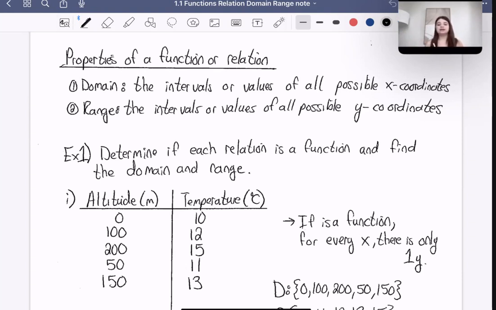So, for example, let's say we have a sinusoidal function, right? In that case, the domain is everything, but the range isn't, right? The range only goes from -1 to 1. We can't go past those points for our parent sinusoidal function, right? So things like that just to keep in mind with domain and range.